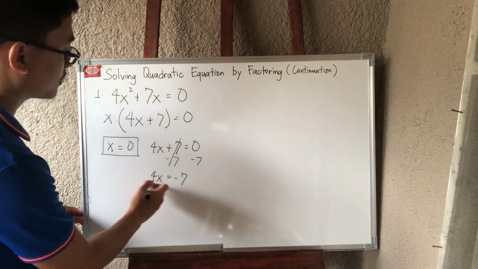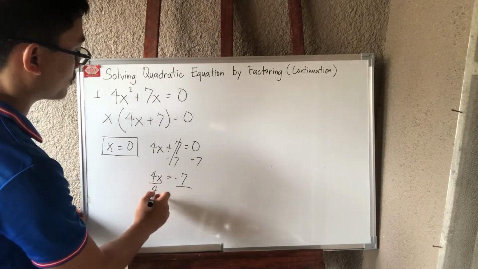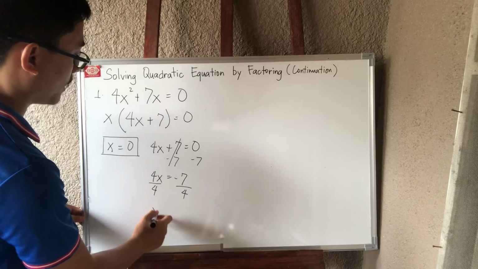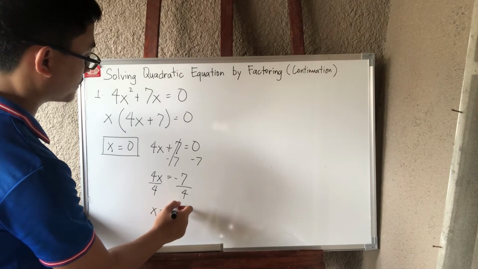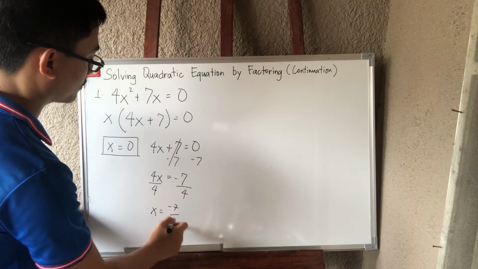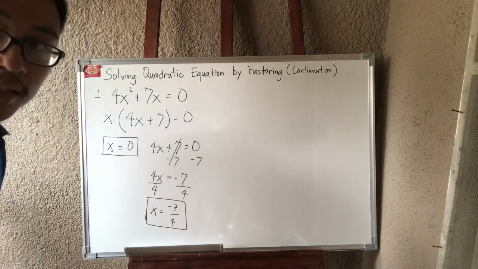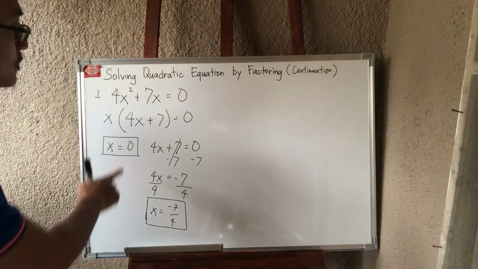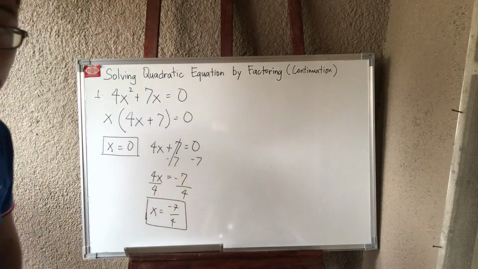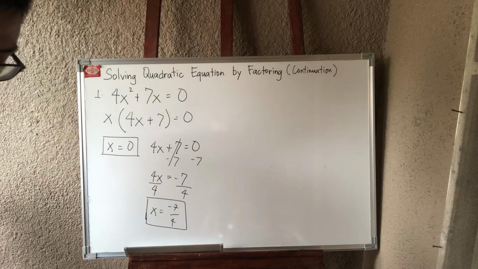And then we divide both sides by 4. So x is equal to negative 7 over 4. So the roots, or our solution, is 0 and negative 7 over 4. Okay? So that is our first example.